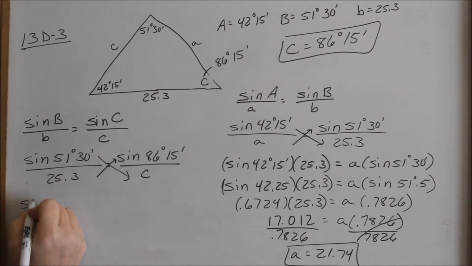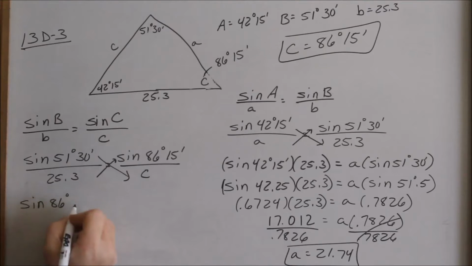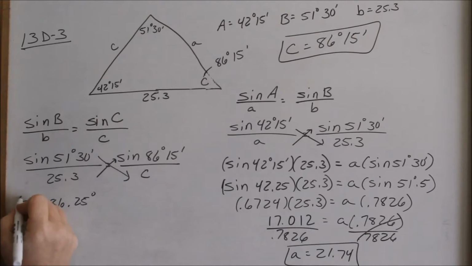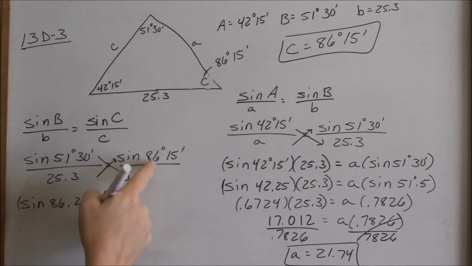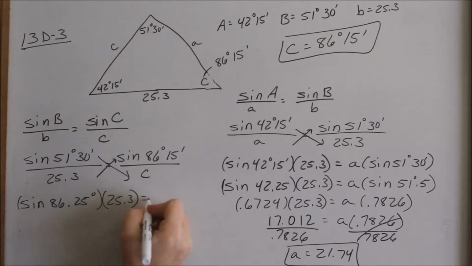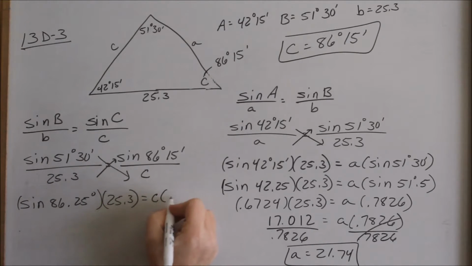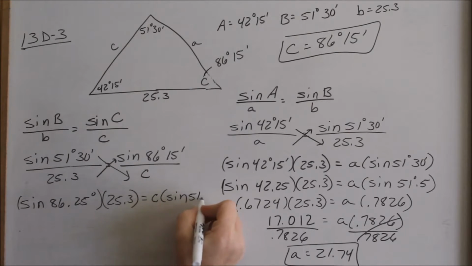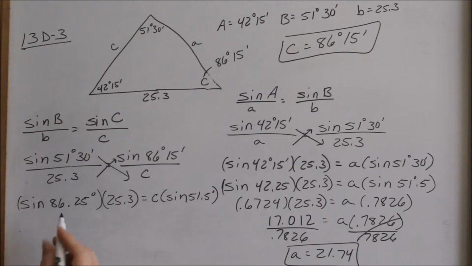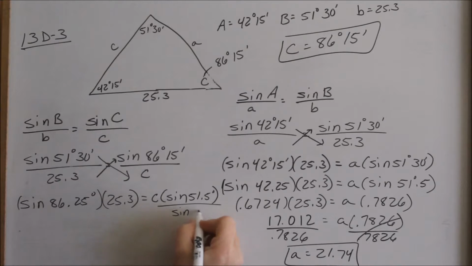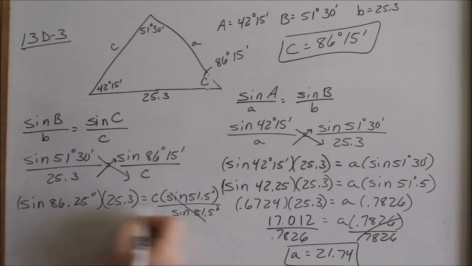So sine of 86.25 degrees, I just converted the degrees, minutes, seconds to decimal, times the 25.3, that's your left side, and then c times sine of 51 degrees and 30 minutes, which is 51.5 degrees in decimal. Okay, so now to solve for c, I basically am dividing both sides by this. That cancels.